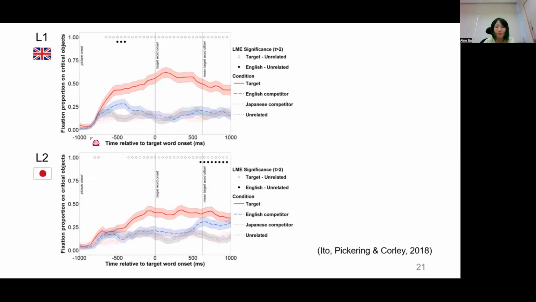Is there, because you keep saying you have to predefine your critical window, but how can you decide that if you just have the picture already from the beginning, or would you just not do that? Yeah, you don't have to align your time when there's a picture onset. It really depends on your design, right?